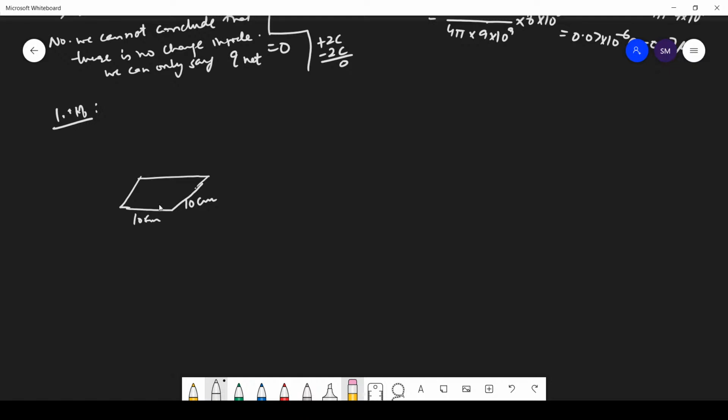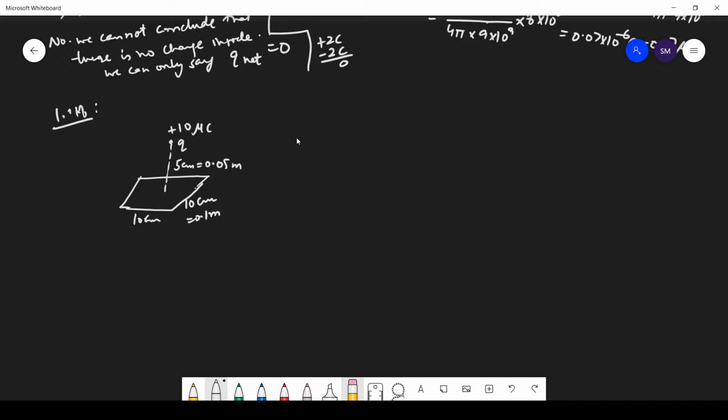This figure is not to scale, and we have a charge over here, Q, and this distance is 5 centimeter, that is 0.05 meters, and this is 0.1 meter, and this Q is a point charge of plus 10 microcoulomb. What is the magnitude of electric flux through the square?